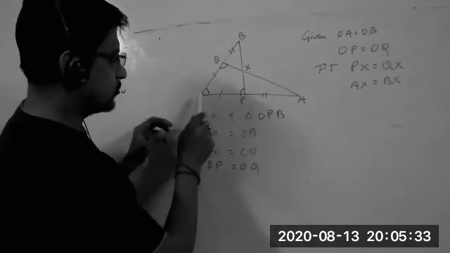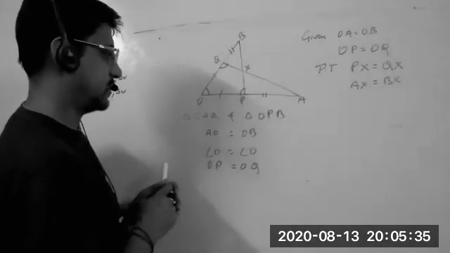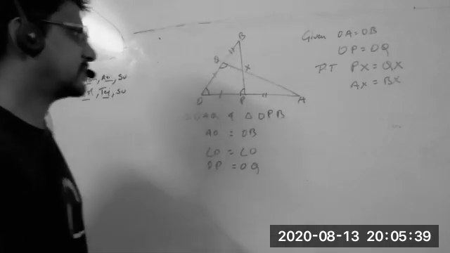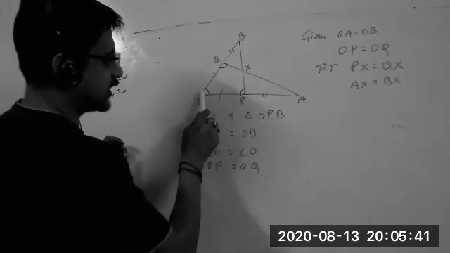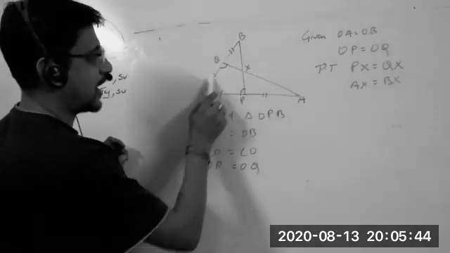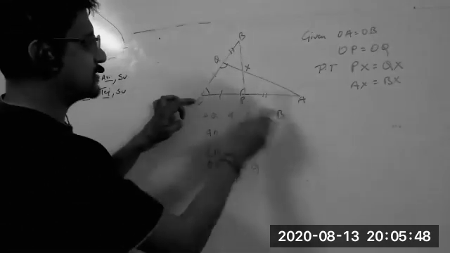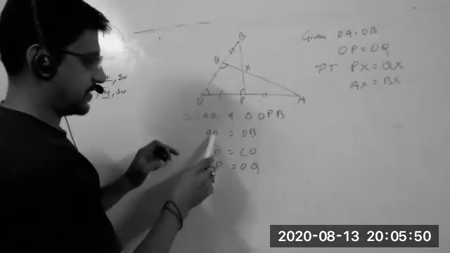Triangle OAQ and triangle OPB. Correct? Can you see this triangle and this triangle? OA is equal to OB, given.